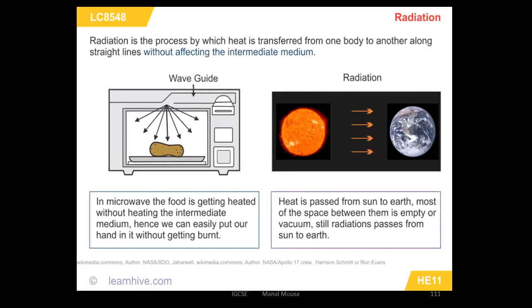In the microwave, the food is getting hot by the radiation of the microwave, and as well the heat is passed from the sun to the earth, through the space and through the atmospheric layers. So this is the summary about radiation.